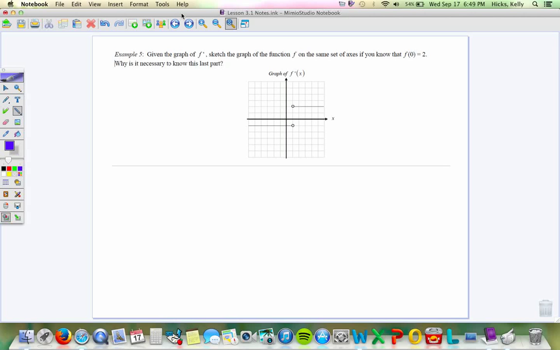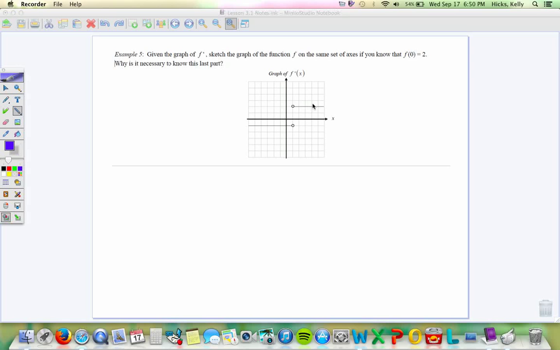Example 5 says, given the graph of f prime, sketch the graph of the function f on the same set of axes if you know that f of 0 equals 2. Why is it necessary to know this last part? Well, I'm going to sketch some points here for you, and let's think about what's going on.